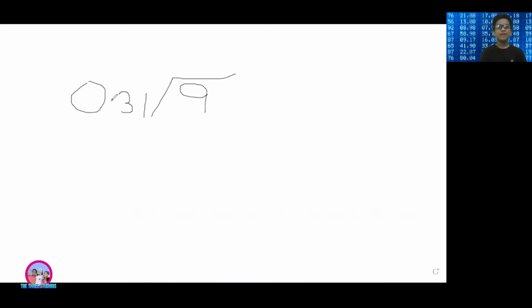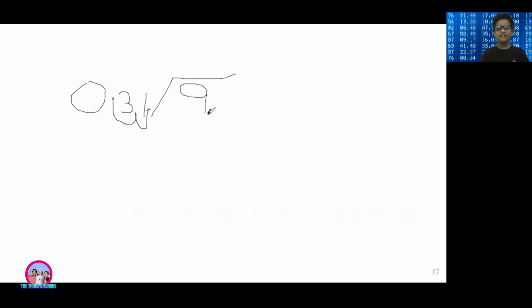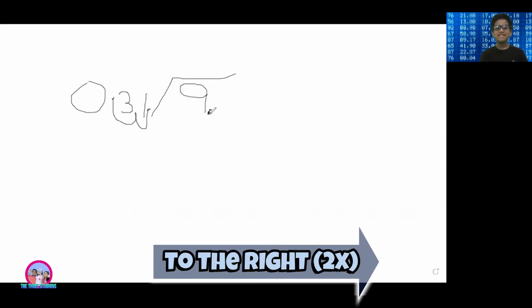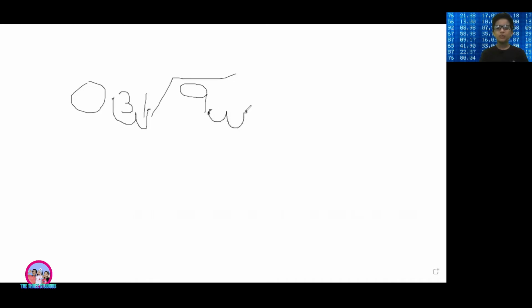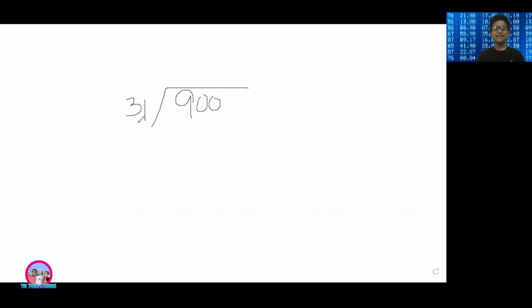We should count how many decimal places we moved. 1, 2. 2 times. We will move the decimal point of the dividend to the right 2 times. 1, 2. So it will be 900 divided by 31. Let us compute. 900 divided by 31.